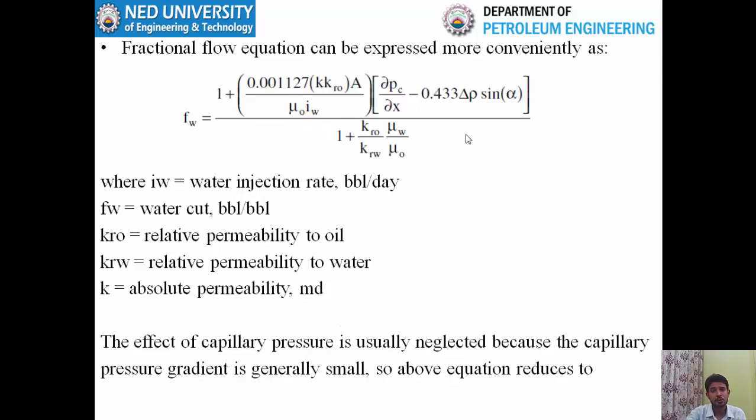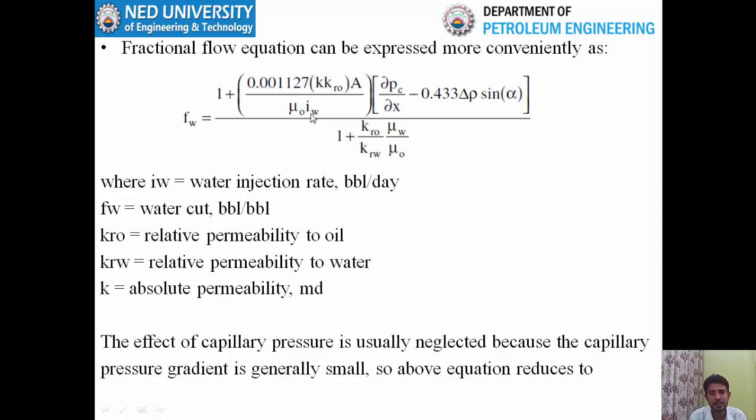There are other parameters too which change the FW value, and we will study these initially in this lecture. This is a generalized equation, which we derived in the previous lecture, except that QT, the total flow rate, has been replaced with the injection of water.